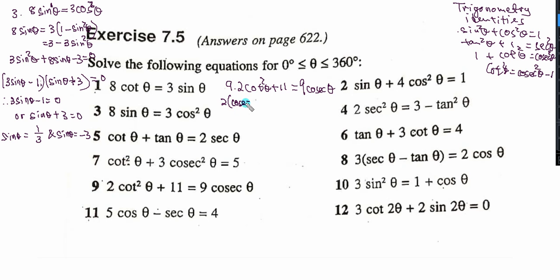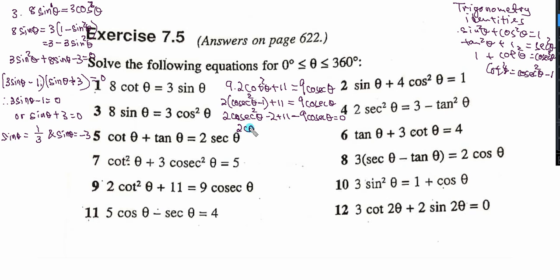So in other words, question number 9 can be written as 2 times cosecant squared theta minus 1, plus 11 equals 9 cosecant theta. Let's simplify it. So 2 cosecant squared theta minus 2 plus 11. Bring this over and it becomes minus 9 cosecant theta equal to 0.